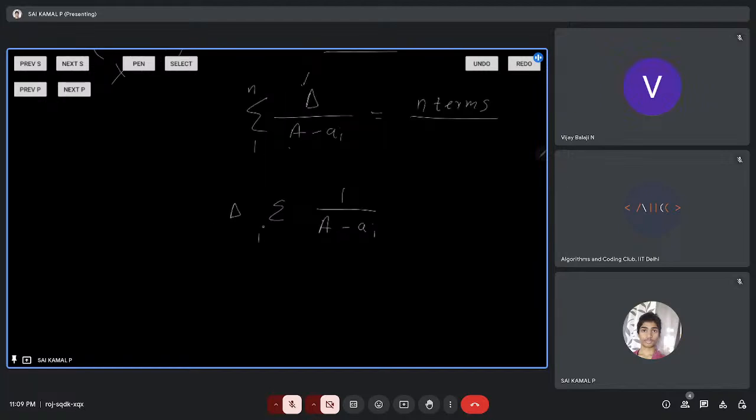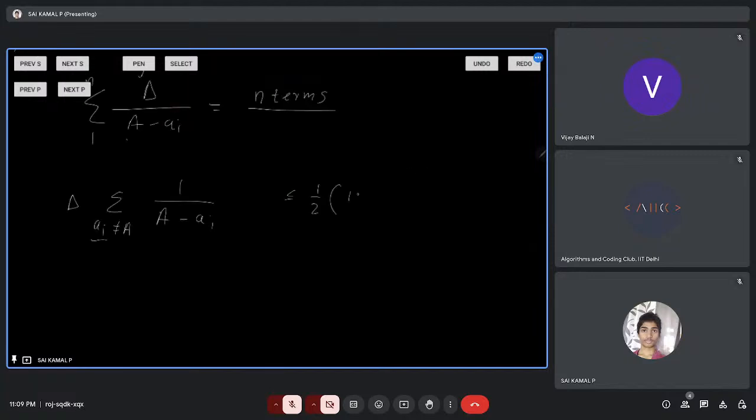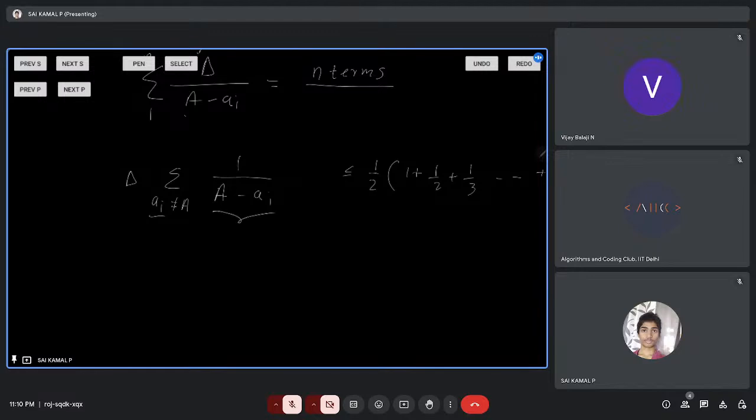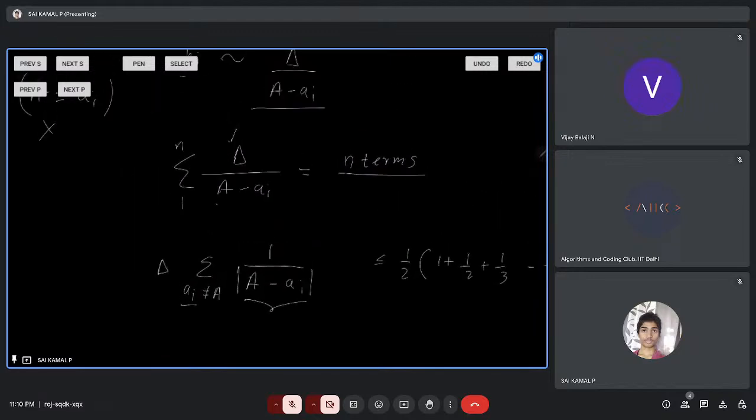Now given the condition i such that ai is not equal to a, and the fact that we are going over unique values of ai, we can show that this sequence would always be less than or equal to half times 1 plus 1 by 2 plus 1 by 3, and so on up to 1 by n by 2. We have to take the magnitude because a minus ai could be negative as well.